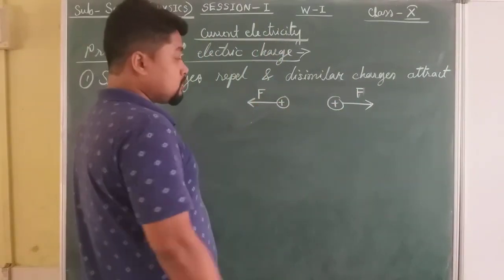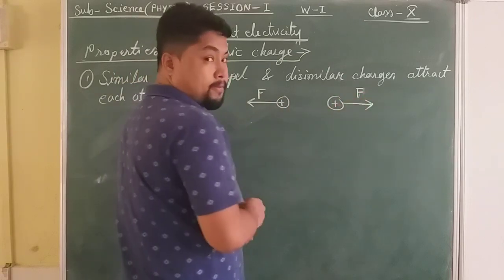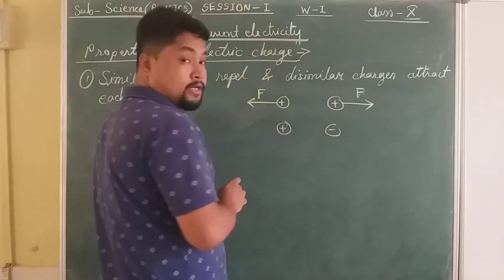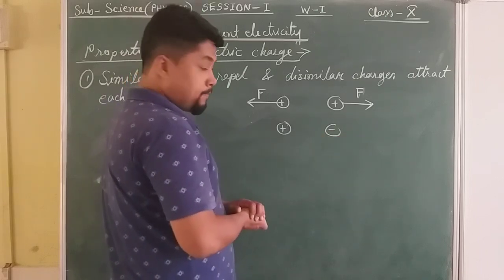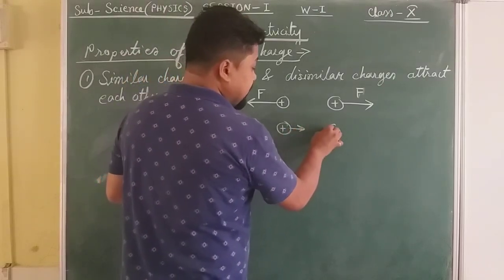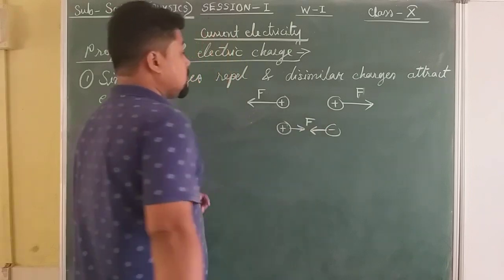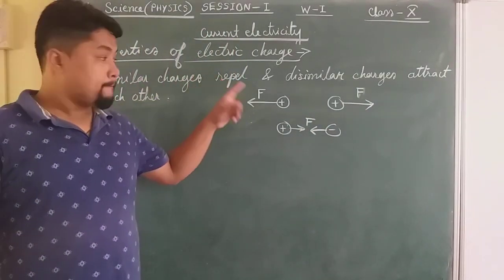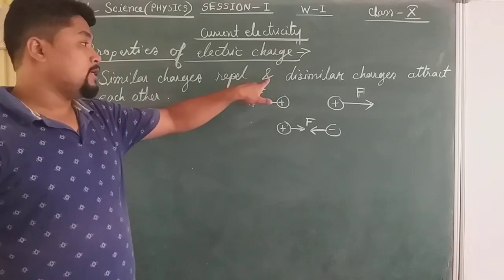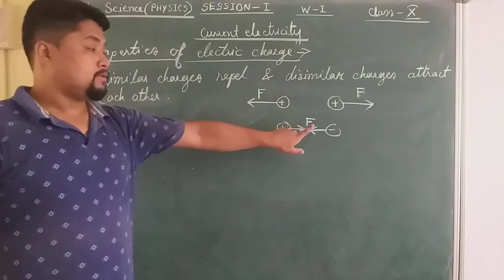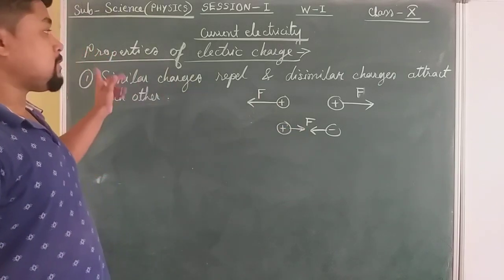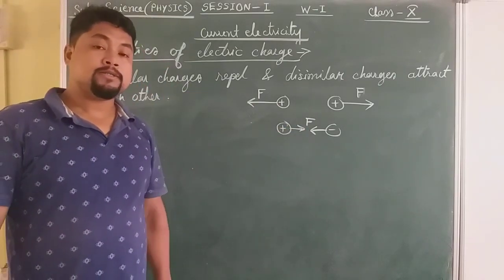So like charges repel, and unlike charges, if positive and negative charges are there, separated by a distance r, then the force between them is attractive. So similar charges repel like this, and dissimilar charges attract each other like this. So this is the first property of electrical charge particle.